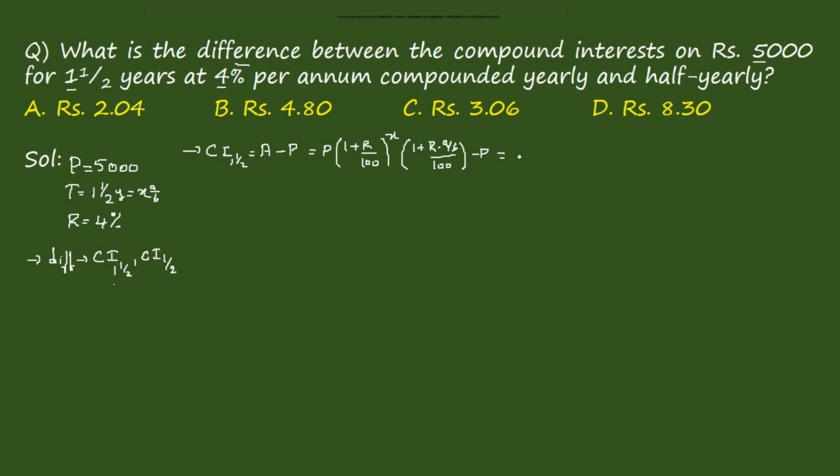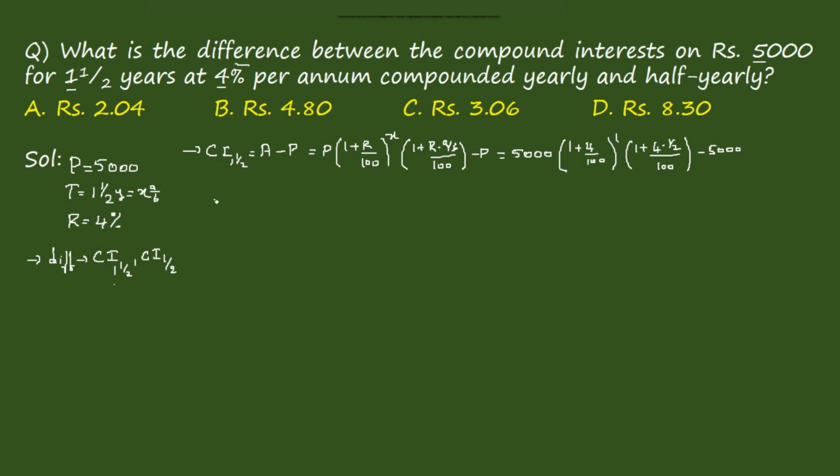We get that's nothing but 5000 into (1 + 4/100)^1 into (1 + 4 into 1/2 /100) minus 5000, right?